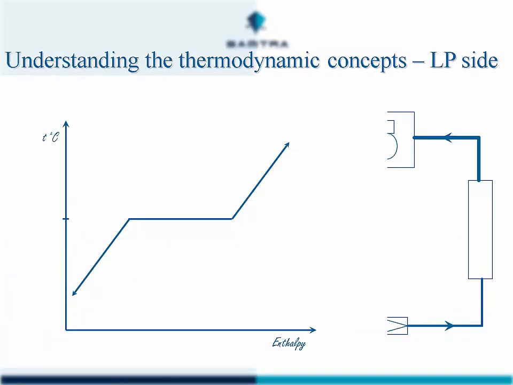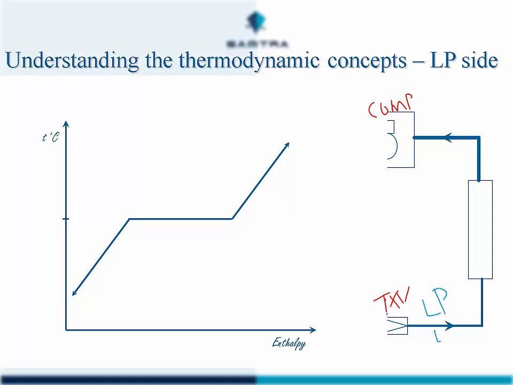Okay, the low pressure side, we're going from our expansion device, our TXV, and we are moving through the system to our compressor. So we're now on the low pressure side. Coming out of the expansion device, metering device, we're on the low pressure side.